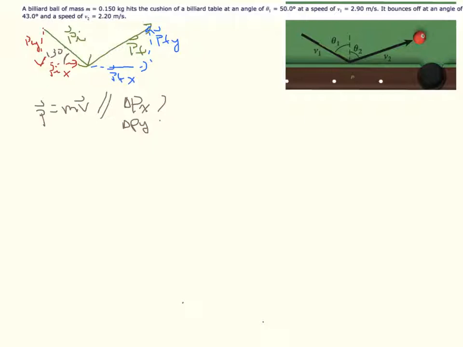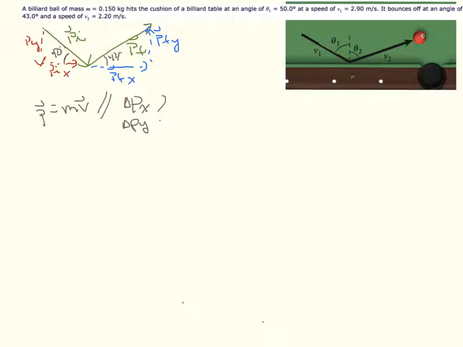So that's not 130, but rather 90 minus 50 is 40. Okay, and then the outgoing measured from the vertical is 43. So again, measured to the horizontal like I've drawn it, 90 minus 43 is 47.